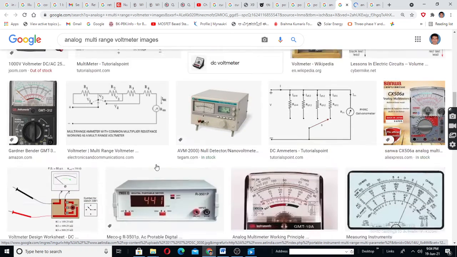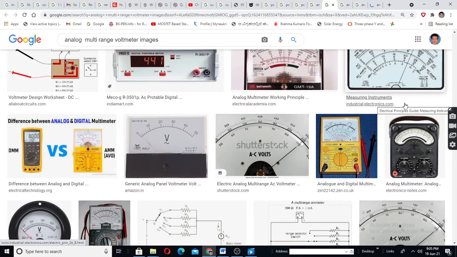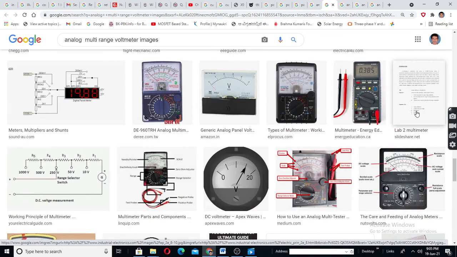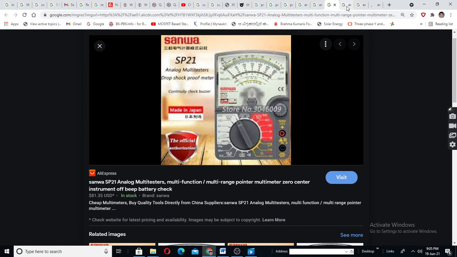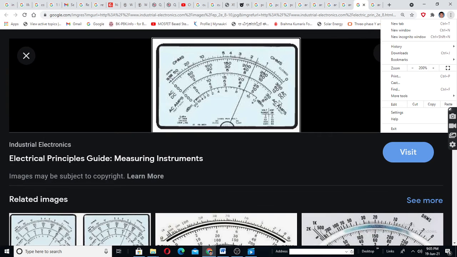See, this is a multi-range instrument. Okay, you can have here, see, this is for ohms.